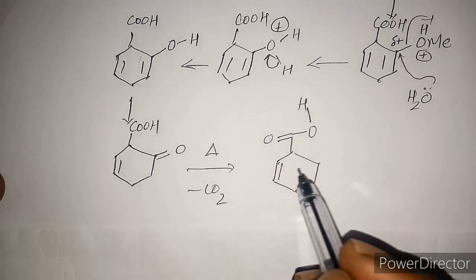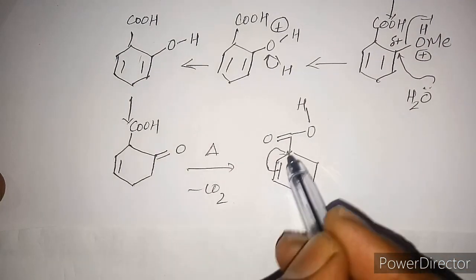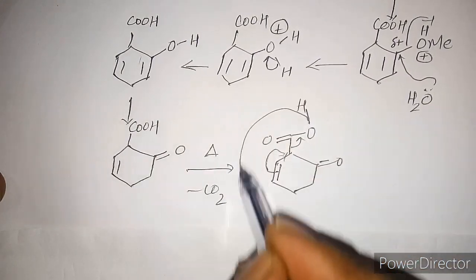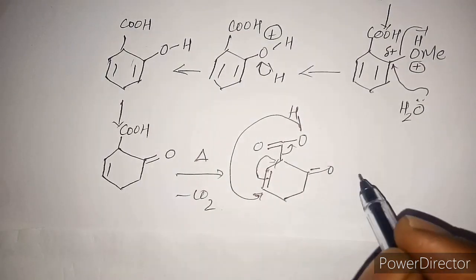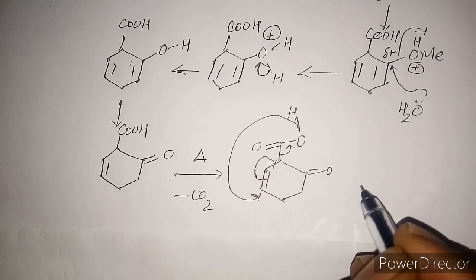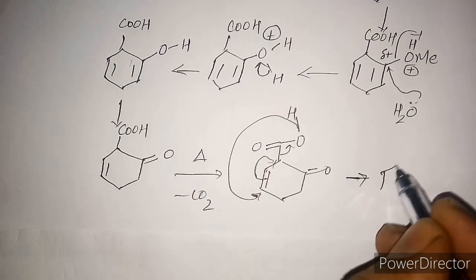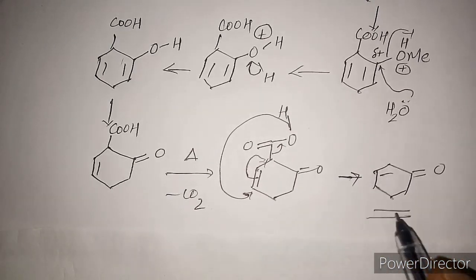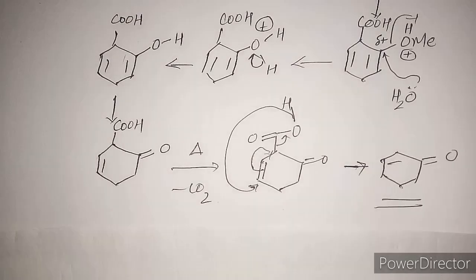Now we have a double bond. Now this bond shifted here, and this shifted here. This will attach here. So we will get elimination of carbon dioxide, and therefore we will get an alpha beta unsaturated ketone. So this is the final product.